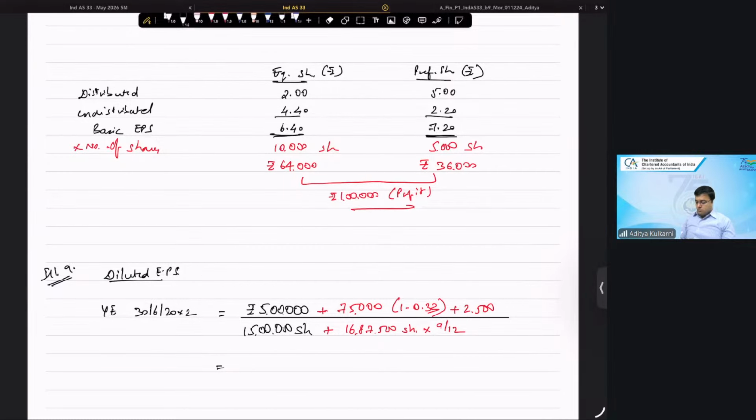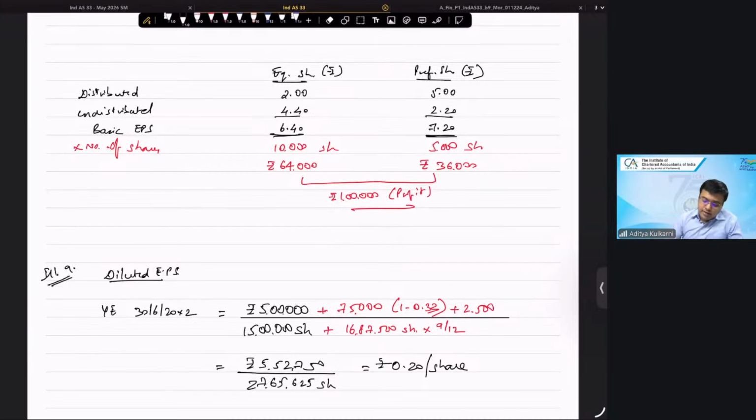Plus 5 lakhs. 5 lakh 50 to 750. 0.20 per share.